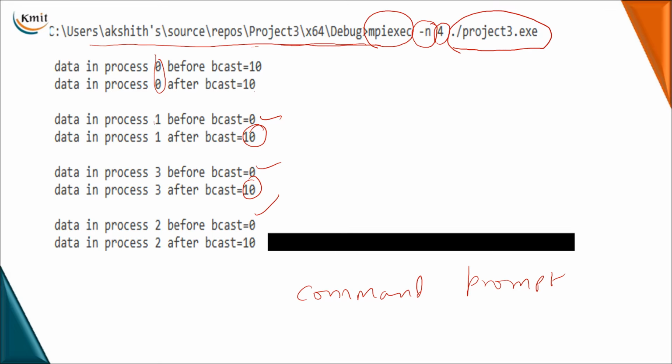When you see the execution, it is not always that you get 0, 1, 2, 3 in order. It will be executed by means of thread based parallelism, so you can get them in any order. And when you execute the program a second time, it is not required that you get the output in the same way.